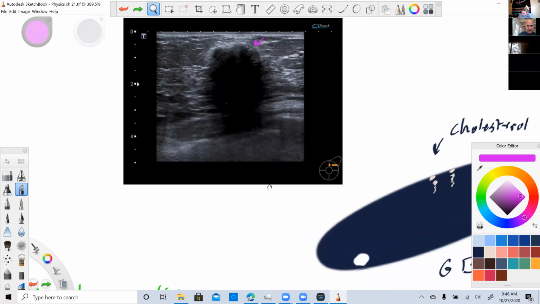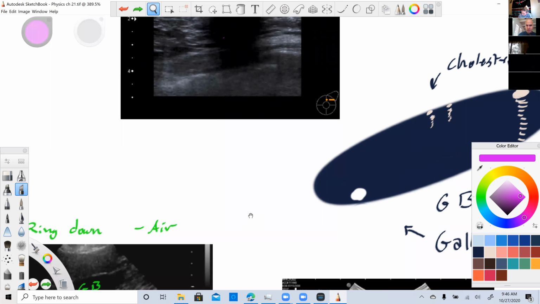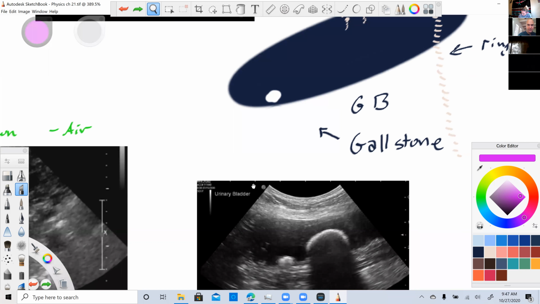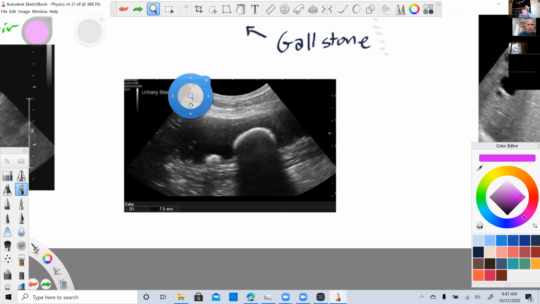Let's see, I have another shadow. Yes, I liked this. Oh, urinary bladder. Yeah, well, that makes sense. Not exactly sure how someone got a stone this large in the urinary bladder. Oh, it must have formed in the bladder. It couldn't possibly have come from the kidney down at that size.